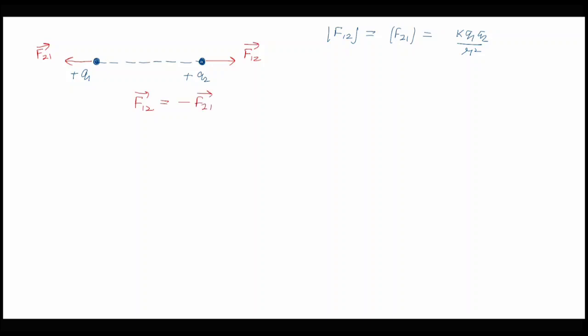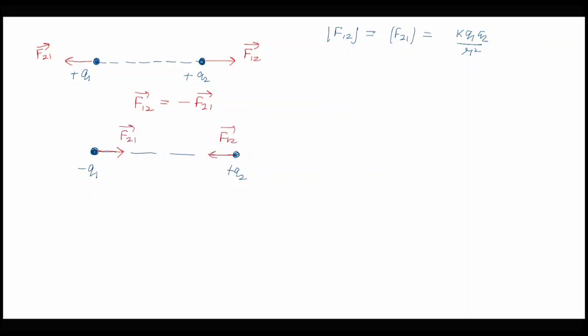Or if we take an example where one is a negative charge and the other is a positive charge, minus q1 and plus q2, then the force is going to be attractive in nature, that is force by 2 on 1 and force by 1 on 2.